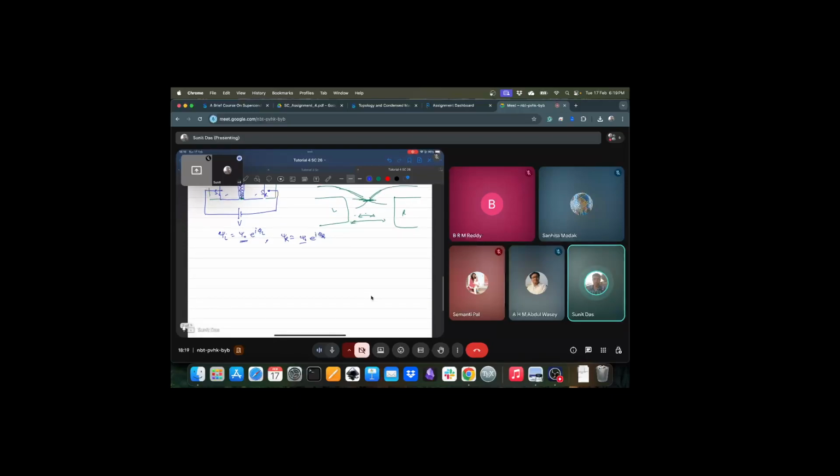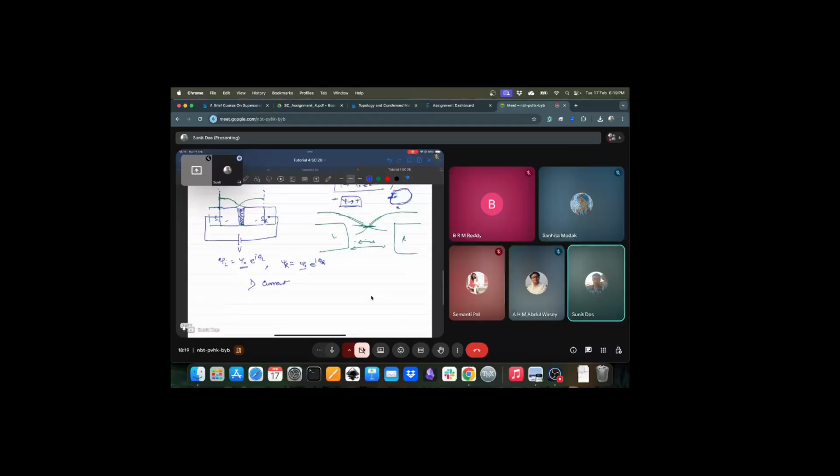Now what we are interested in is the current and the phase difference. So we are interested in two things. One is the current: we have applied a voltage, and there are two superconducting regions separated by a small insulating region, so what will be the current across this junction?